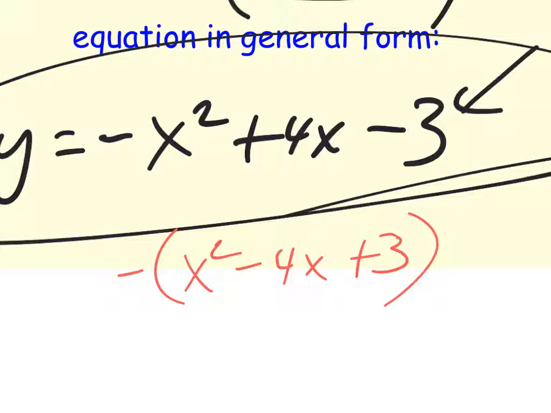I'm going to show you that again on a new one so that everybody tries it. Ready? Y equals negative x squared minus 6x minus 5. If you try to factor that, you're going to have all kinds of problems unless you factor out the negative first. Try that.